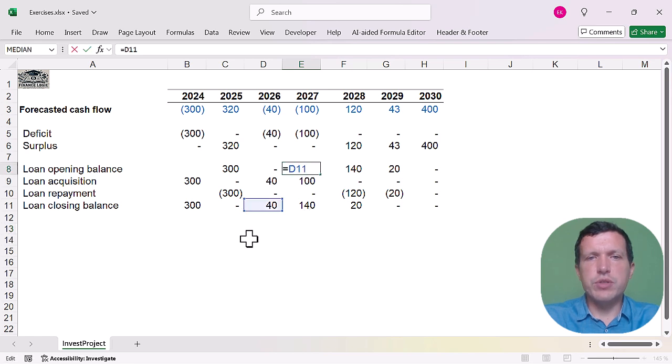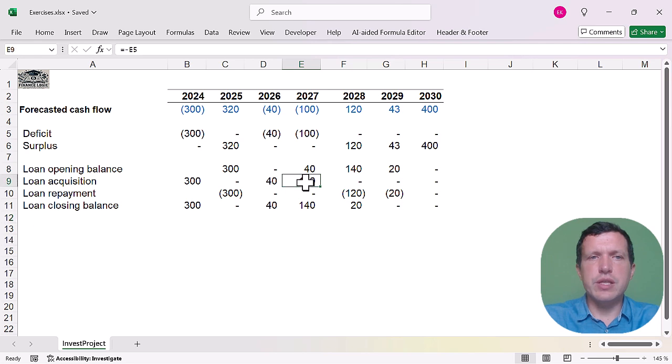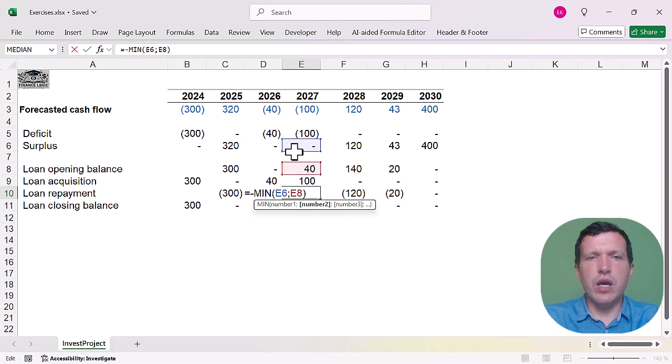In opening and closing balance, we have a reference to previous year, and our closing balance is sum of opening, acquisition, and repayment. Acquisition is just a direct reference to our deficit, and repayment is a reference to our surplus, but we need to always compare our surplus with loan opening balance in order to avoid situation when we pay back more than we have to pay.